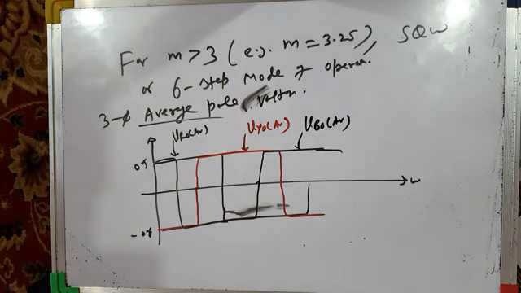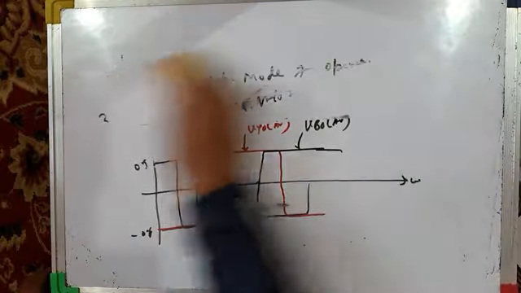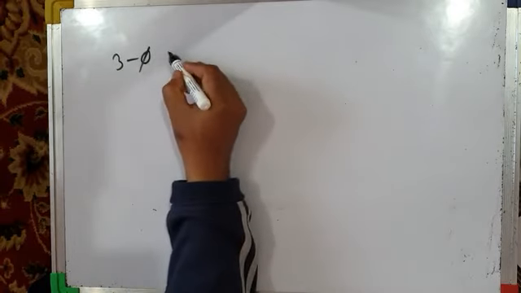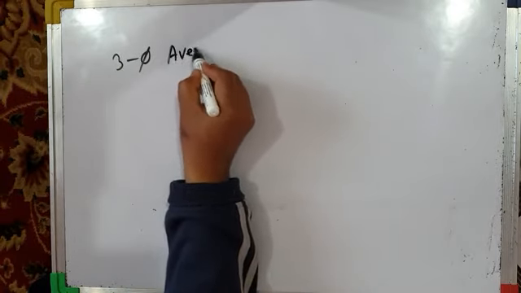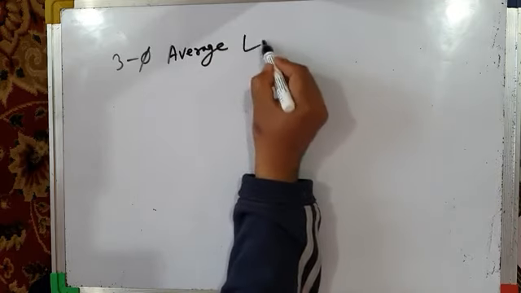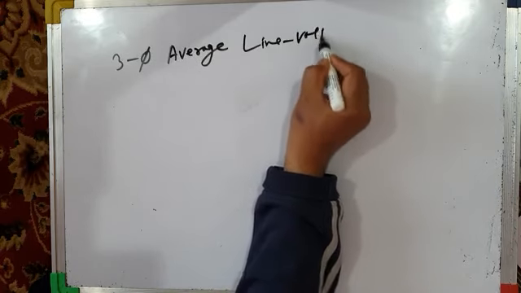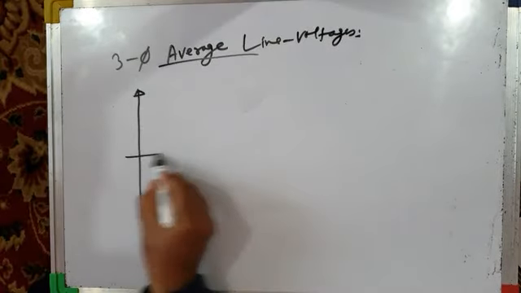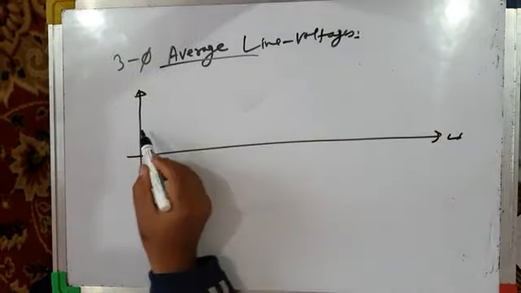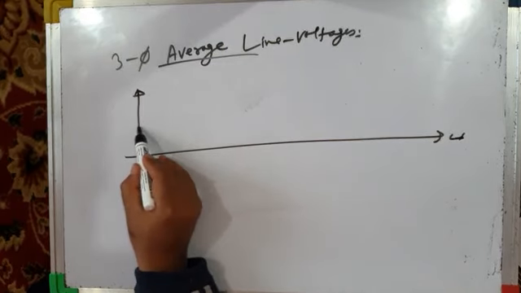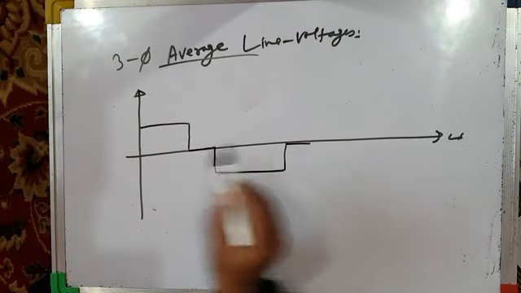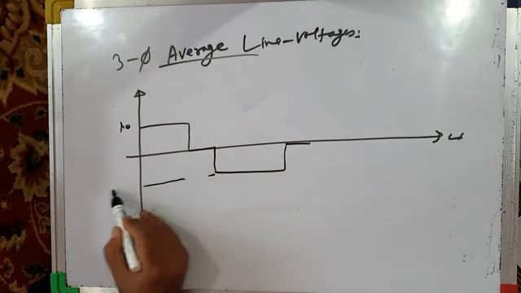What will be your 3-phase average line voltages? 3-phase average line voltages will be same as that for square wave mode of operation or 6-step mode of operation, which you have already studied. Your 3-phase average line voltages will be quasi square wave like this. 1.0, minus 1.0.